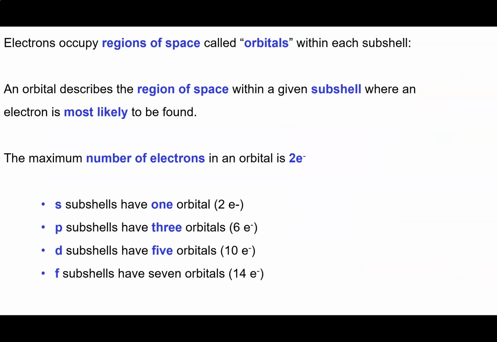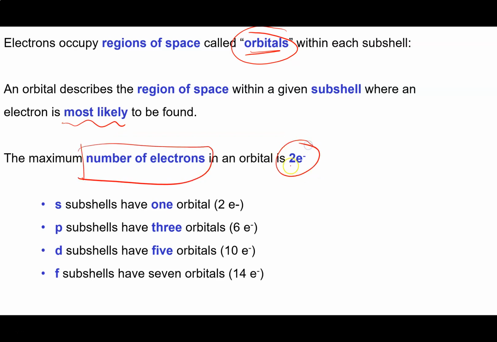Okay, now within each subshell there are orbitals, so we're zooming in even more to get an even finer detail. And an orbital describes the region of space within a given subshell where an electron is most likely to be found, because it's a statistical model. Now, you can only ever put 2 electrons in an orbital.